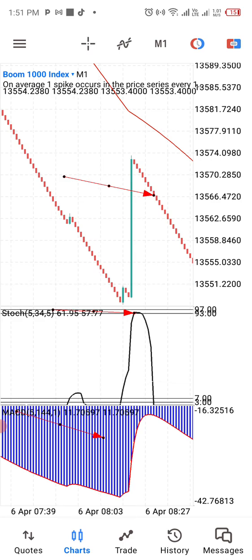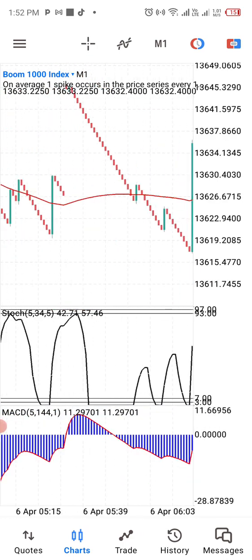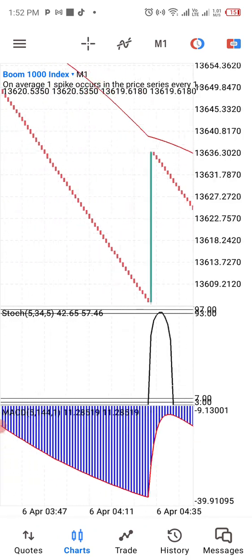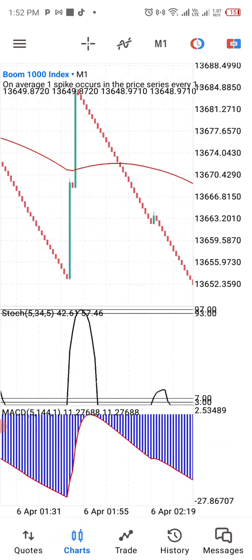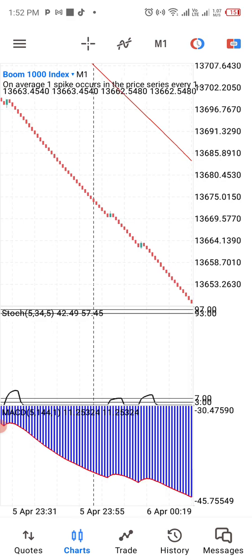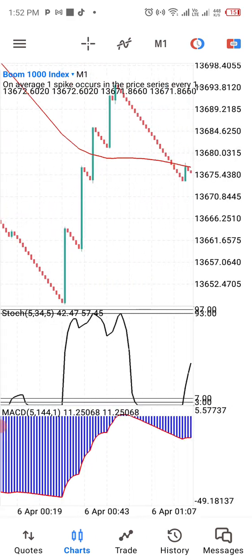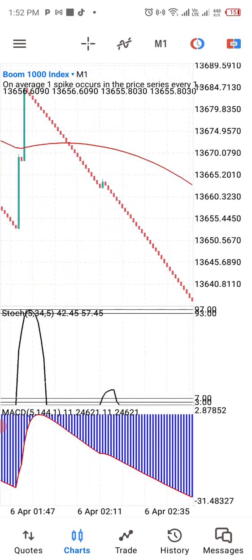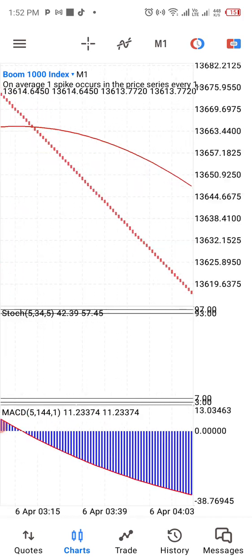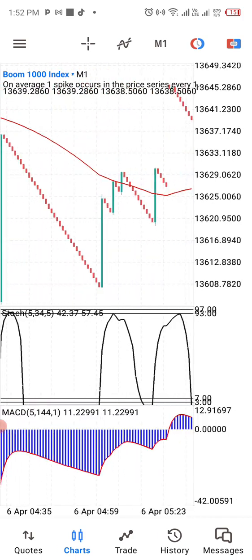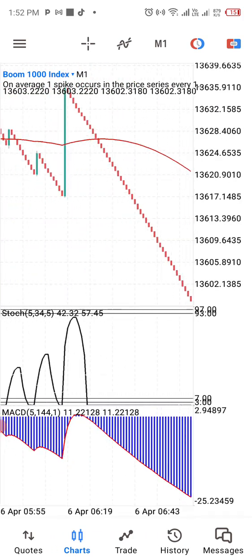So that is how we trade the strategy. The strategy is very simple and reliable because of the way we filter all the invalid signals that may likely occur.